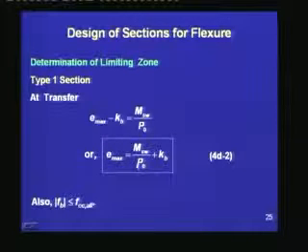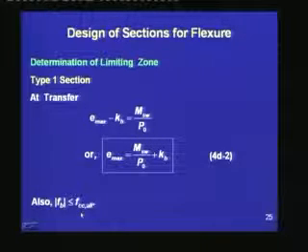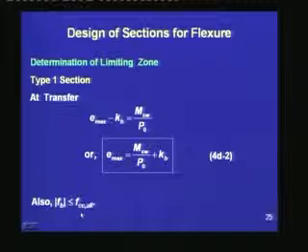E max is equal to MSW divided by P0 plus kb. This expression is based on satisfying the allowable tensile stress at the top, which is 0 for a type 1 member. We should also check that the stress at the bottom, which is FB, should be less than the compressive stress at transfer, which is represented as FCC allowable.